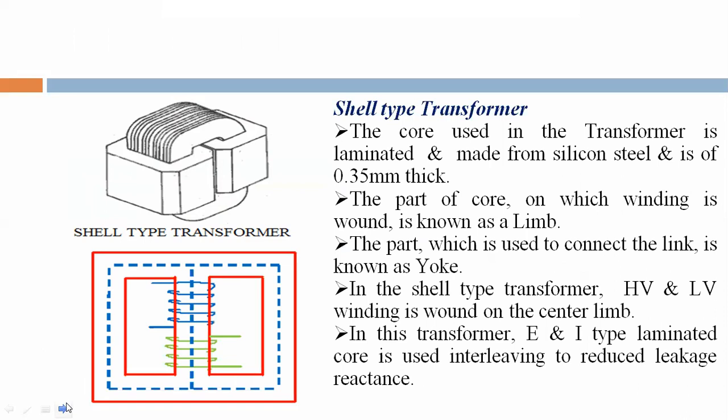The part used to connect the limbs is known as a yoke. In the shell-type transformer, HV and LV windings are wound on the center limb. In this transformer, E and I type laminated cores are used, interleaved to reduce the leakage reactance. Thank you very much, all of you.